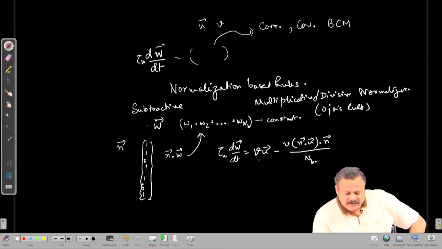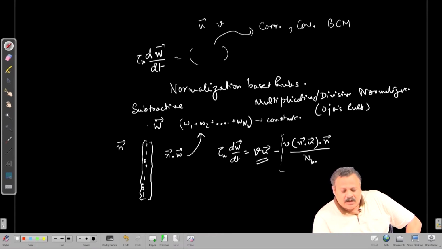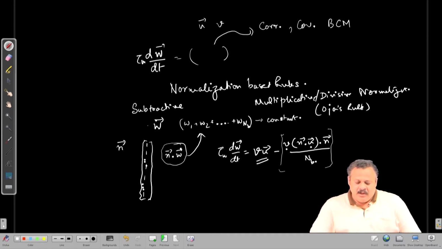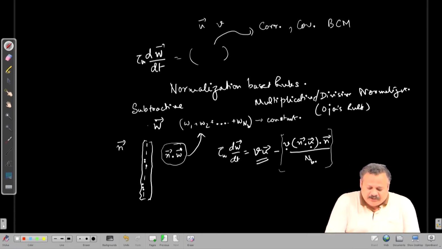So, this is the correlation based increasing part, that is the weights would be increasing. That is countered by this particular term, which is based again on both the output activity and the input activity, and it is made to be of this particular form so that ultimately our sum of w, this n dot w, does not change. So, for n dot w to not change, the derivative of n dot w must be 0, and so let us see what we have.